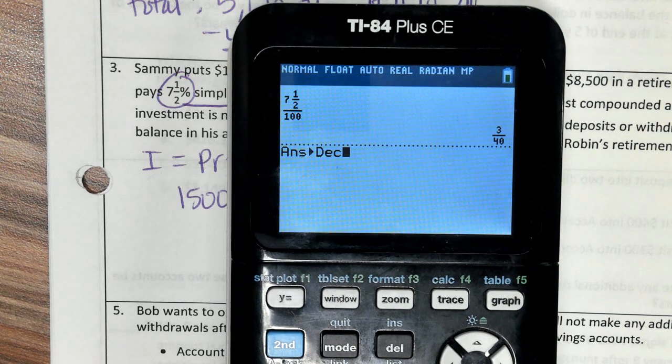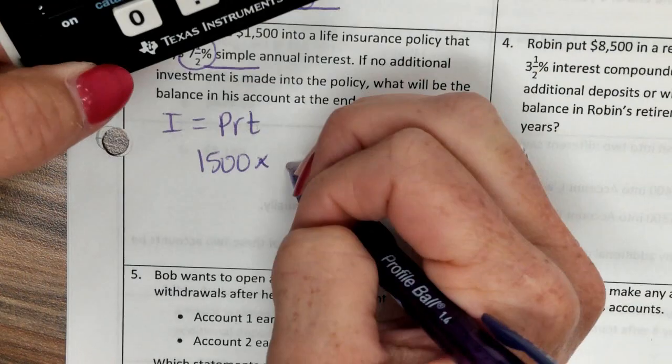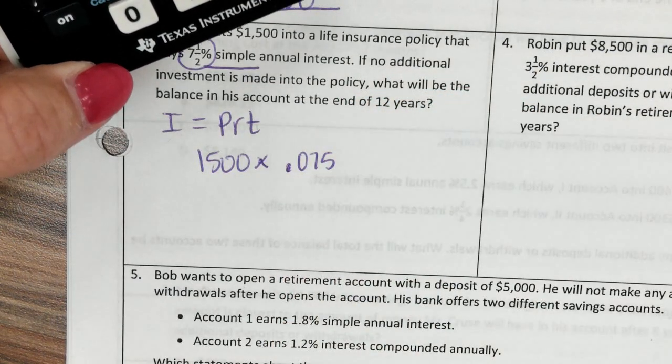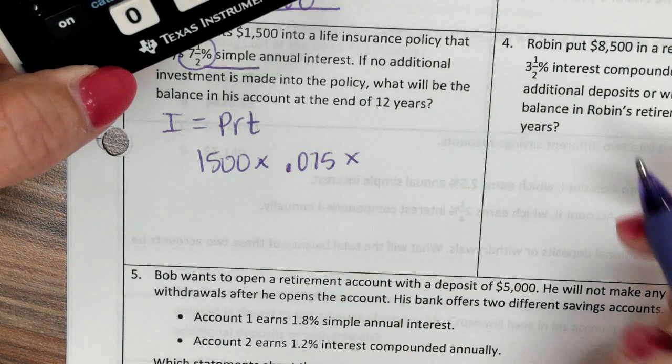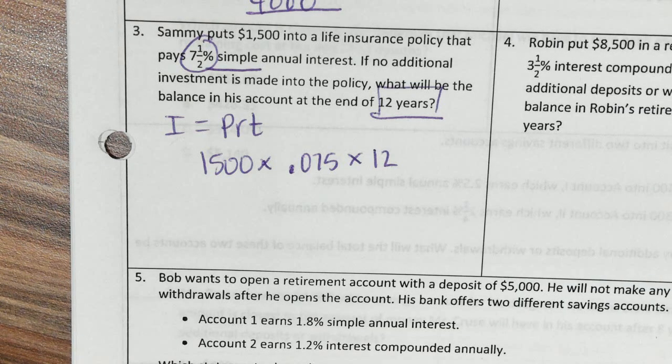Math, decimal, enter. How much decimal is that? 0.075. Times, how much time? And was it given in years? 12. Now, I'm not going to solve yet until I read the question.